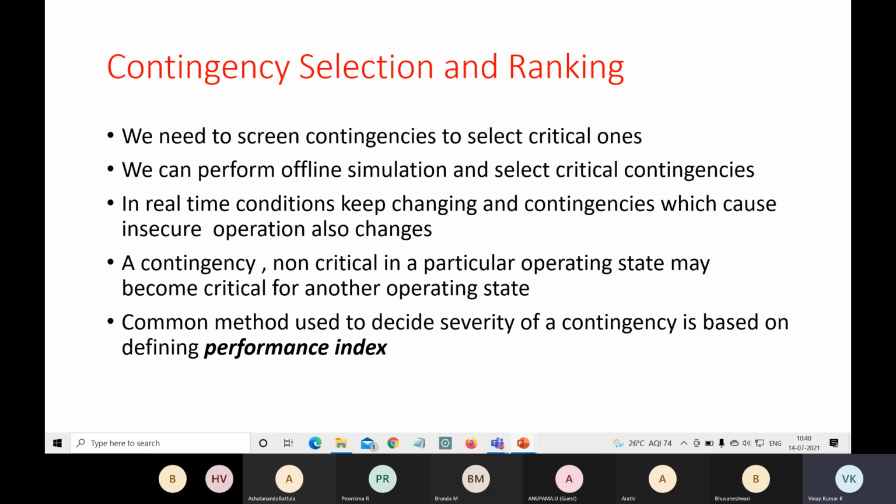The security problem in real time is given the present state. Actually, it gives the present state of an outage which occurs in the system's reliable operation. In real-time conditions keep changing. What happens if you are going to simulate at real time? The data will keep on changing.